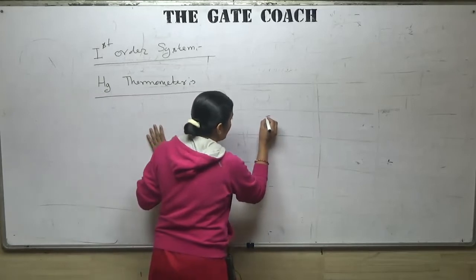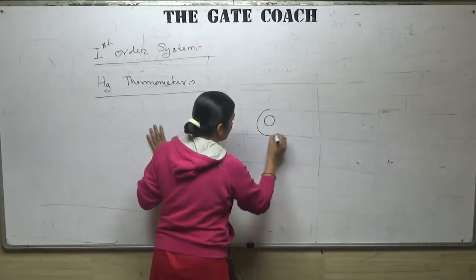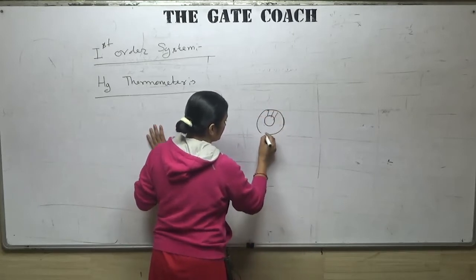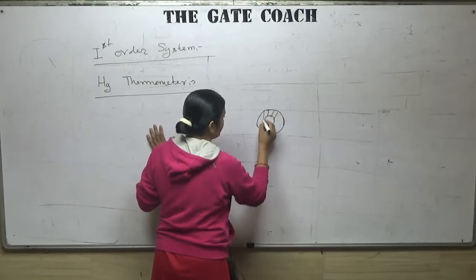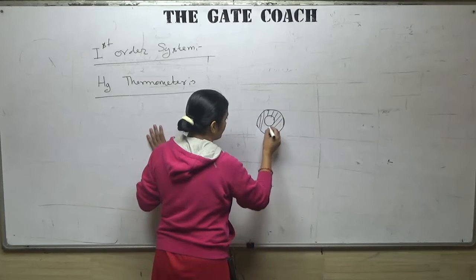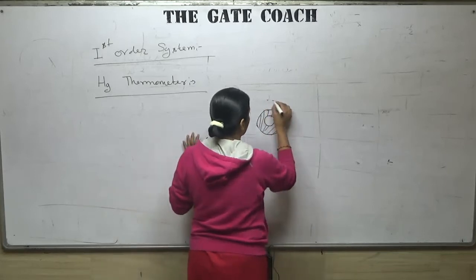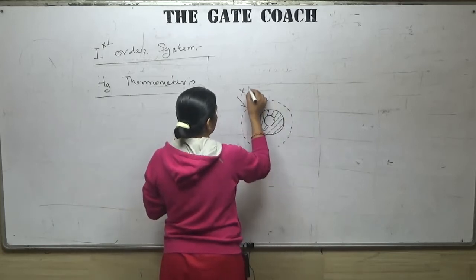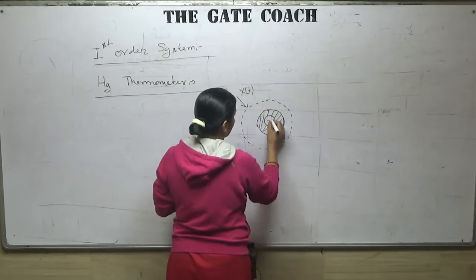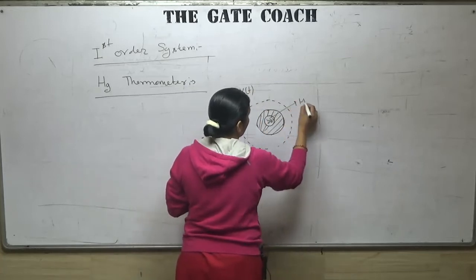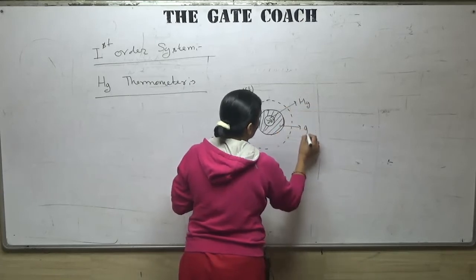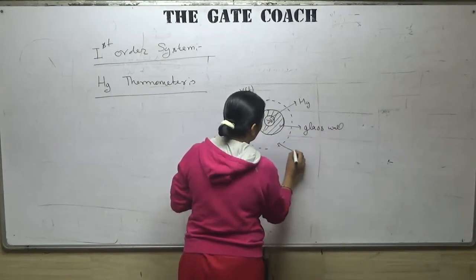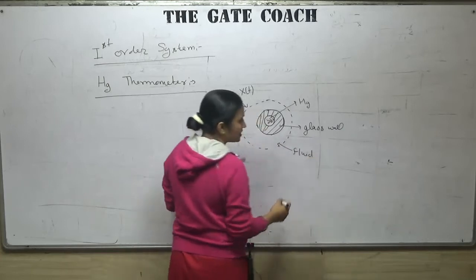Suppose we take a cross sectional view of the thermometer. Here is the mercury in the thermometer. This is the glass wall of the thermometer. This one is the fluid film for which we have to measure the temperature.